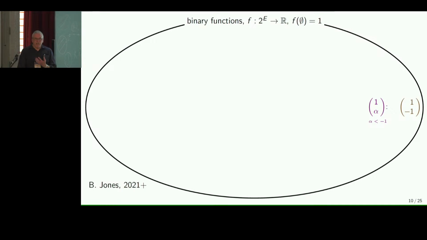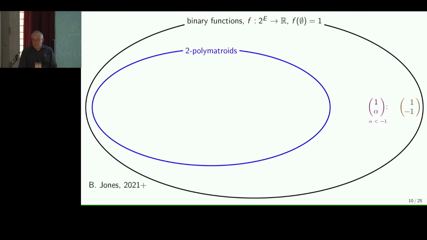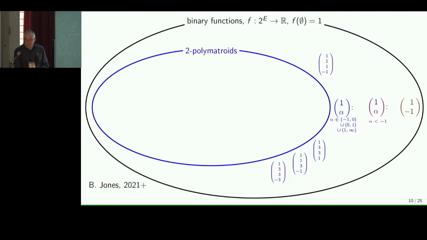And Ben has some characterizations of other classes. He characterized all K-polymatroids, the class of K-polymatroids for all K, using excluded minors in this way within the class of binary functions. Let's illustrate that with his characterization of two-polymatroids, which are those binary functions that don't contain as minors the ones we've mentioned already, plus these. So there's some extra ones of dimension 1, and there's 4 specific ones of dimension 2, or ground set size 2.